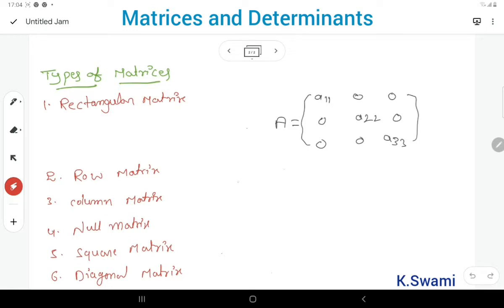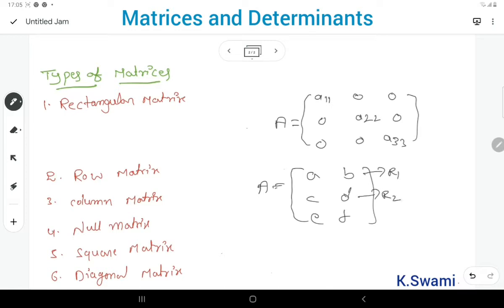A matrix, for example, A is equal to A B C D E F. So this matrix has row 1, row 2, row 3, and column 1, column 2. The order of the given matrix is 3 by 2, meaning 3 rows and 2 columns.